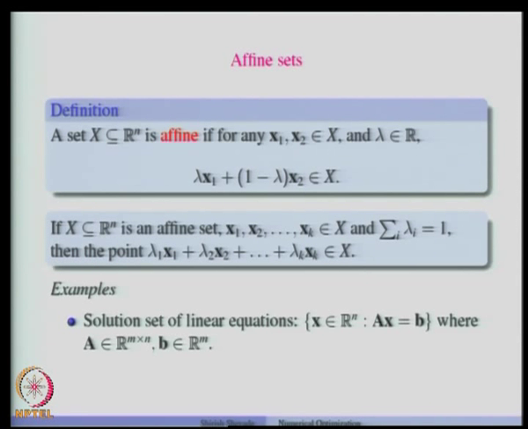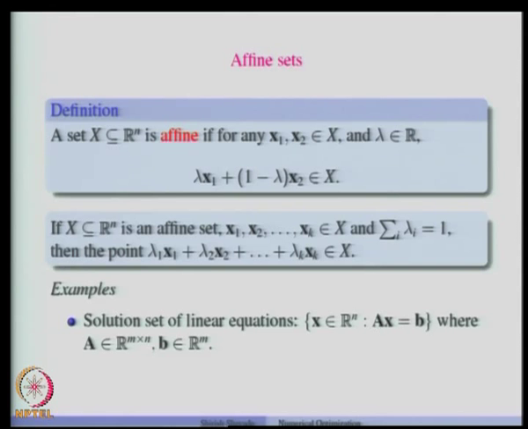Now, one can easily show that this set is an affine set. For example, if we take two solutions x1 and x2 of this system of linear equations, then A x1 equals b and A x2 equals b.